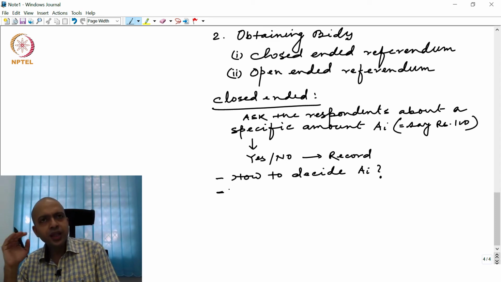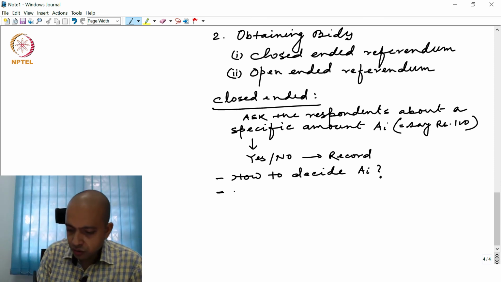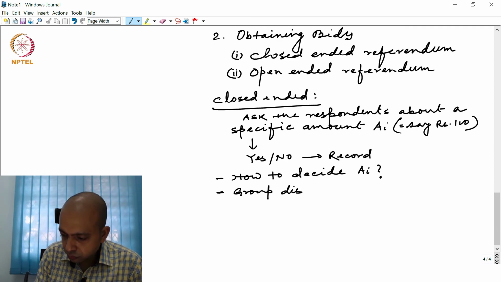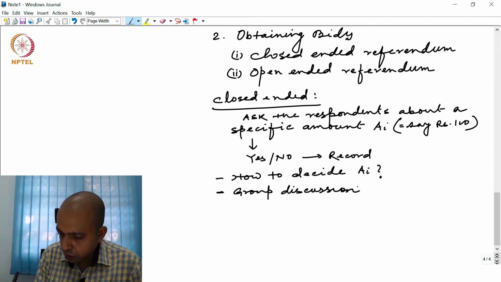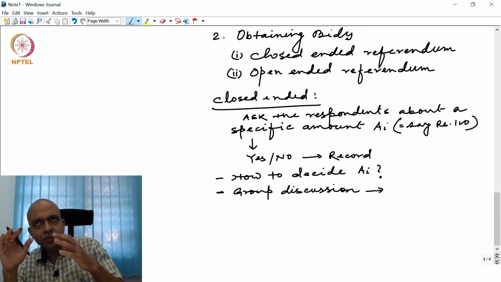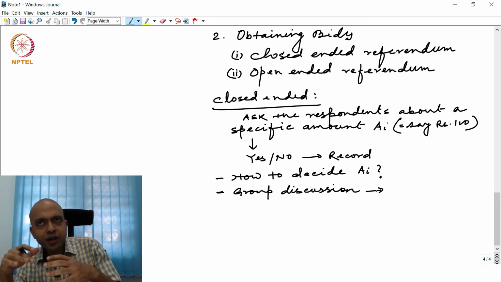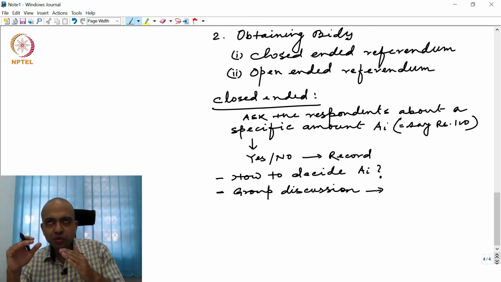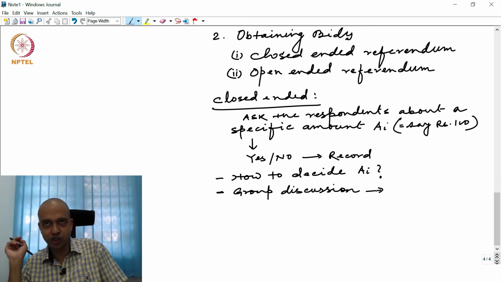And from those group discussions we need to have some idea about the people's willingness to pay for drinking water in that particular region.